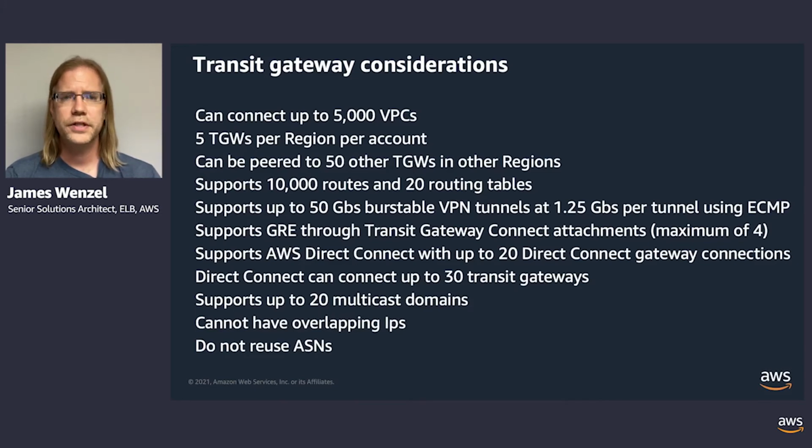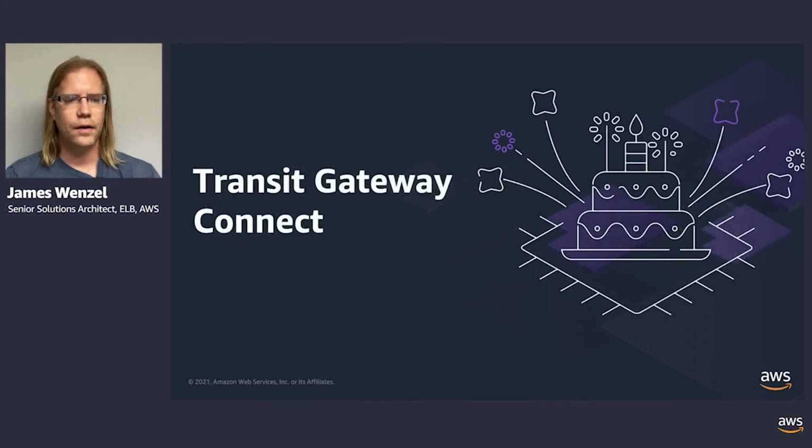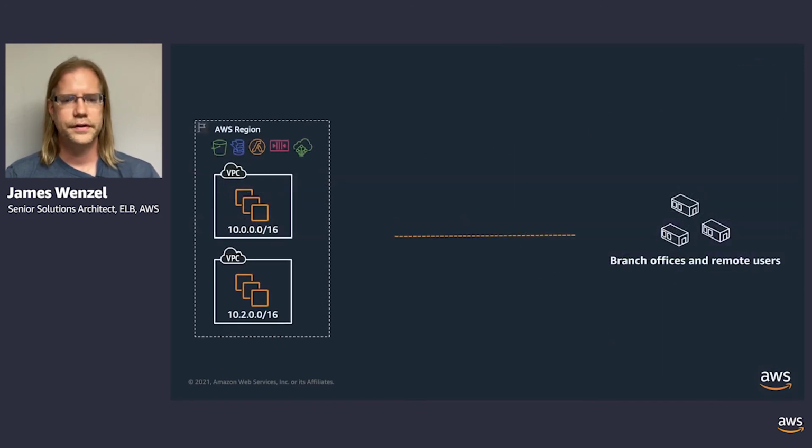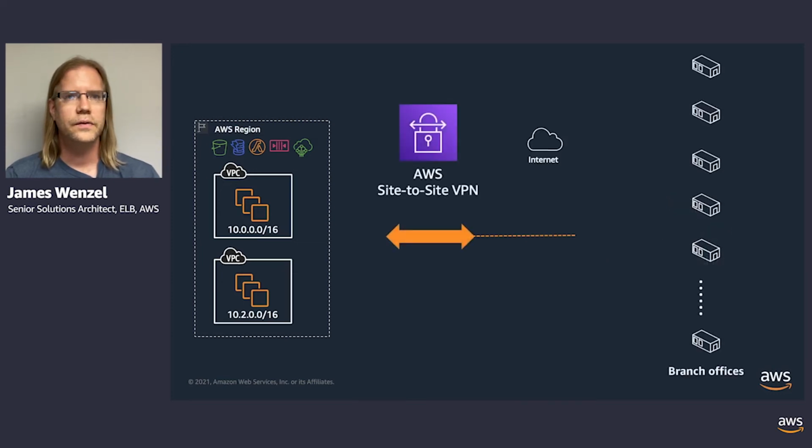Now, as I'm mentioning Transit Gateway, there's a couple of things that are pretty cool with Transit Gateway Connect. Transit Gateway Connect is actually a methodology of connecting your on-premises networks through something called an SD-WAN, or software-defined WAN, to your AWS regions. So when you have something like an SD-WAN, you might have different connectivity models to get into AWS.